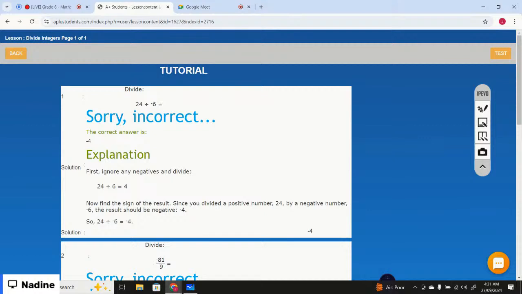So you are dividing a positive number by a negative number, right? So if one of them is negative, the answer must be negative, right? So 24 divided by negative 6 is negative 4. If the divisor is negative or the dividend is negative, the quotient is negative.